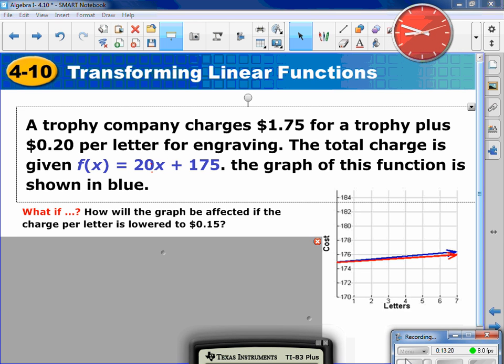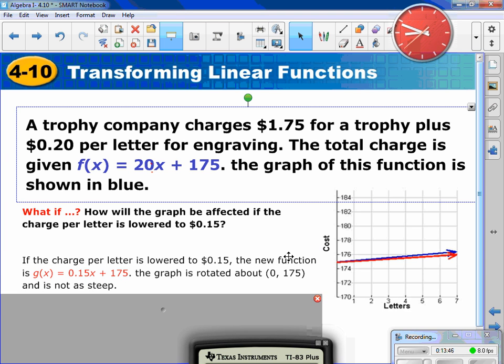Was that my y-intercept or is that my slope? Slope. What does slope do? Rotation. So it's only a little bit different. The graph is rotated 5 lower. So it's 5 times less steep, so it's not as steep as it was before. Let me move this down.